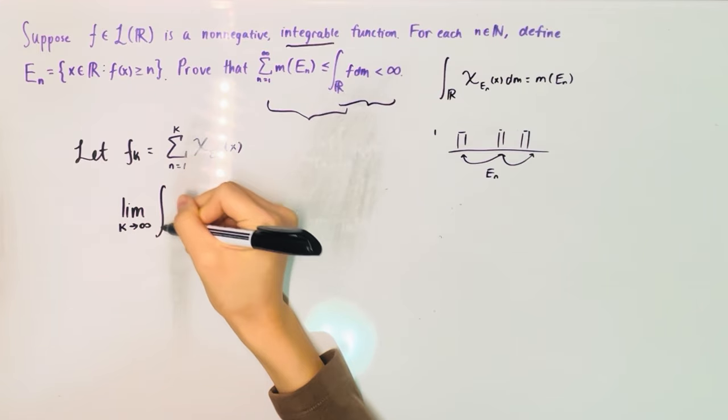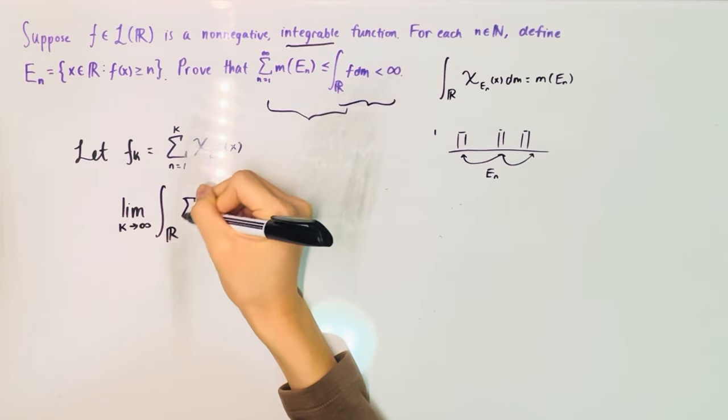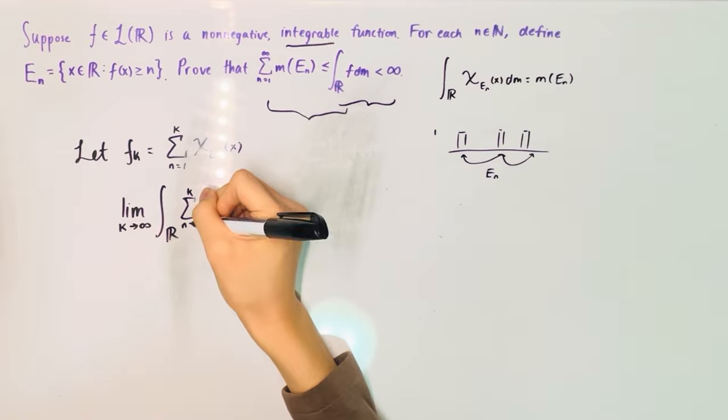So what does that tell us? It tells us that we can pull this limit inside.